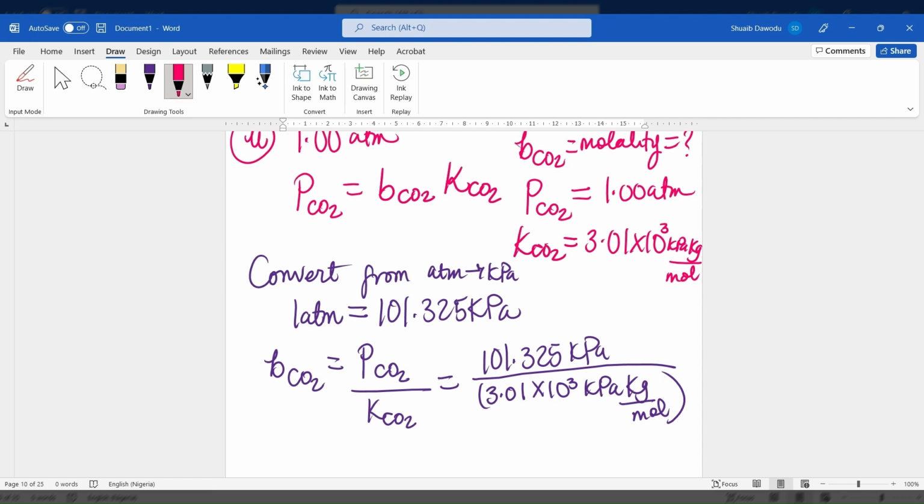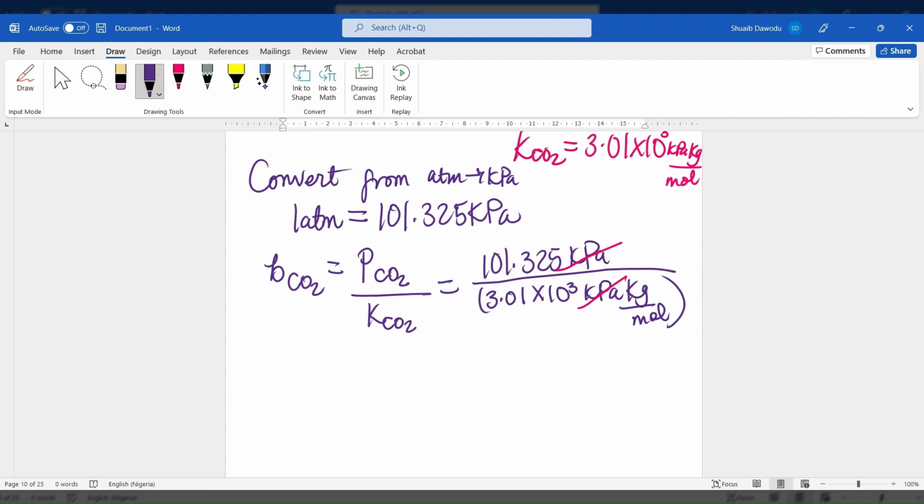Cancel out the kilopascal and kilopascal. So B sub CO2 is equal to 101.325 divided by 3.01 times 10 to the power of 3, which will simply be 0.033663 mole per kilogram. That is basically the answer.